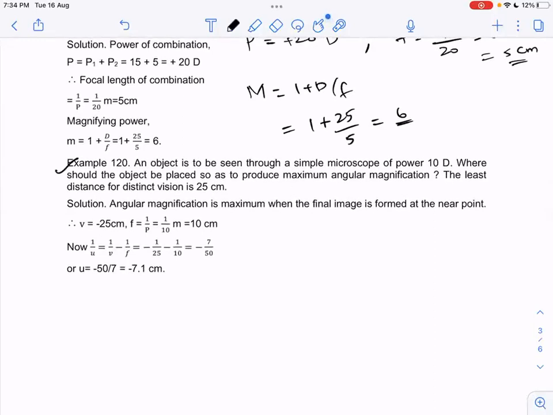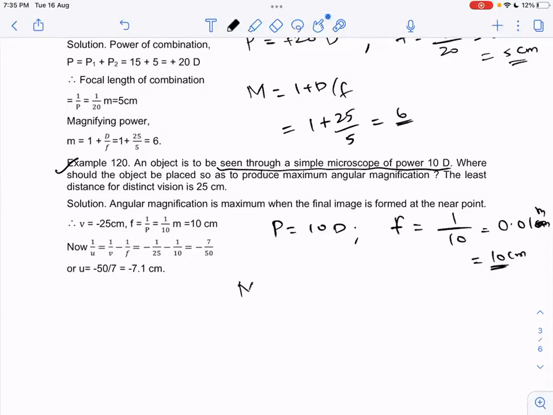Example 120. If an object is seen through a simple microscope of power 10 diopter, focal length will be how much? 1 by 10, which is 0.1 meter, or 10 centimeter. Where should the object be placed so as to produce the maximum angular magnification?